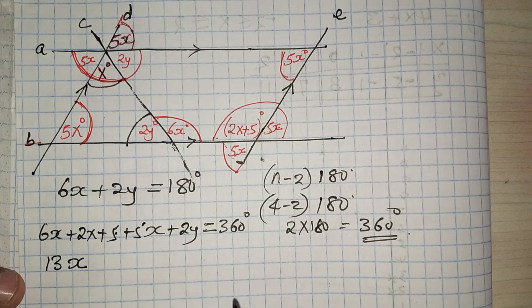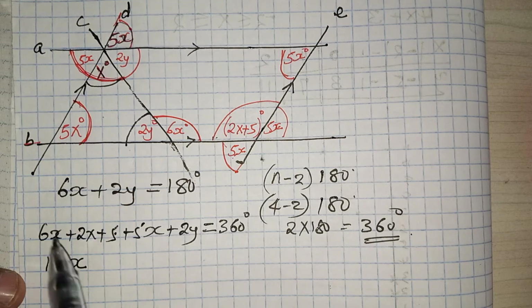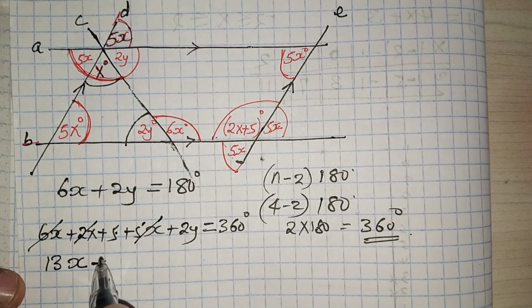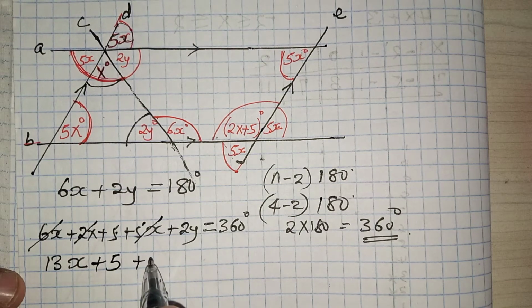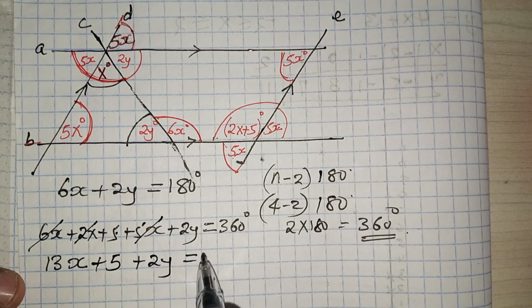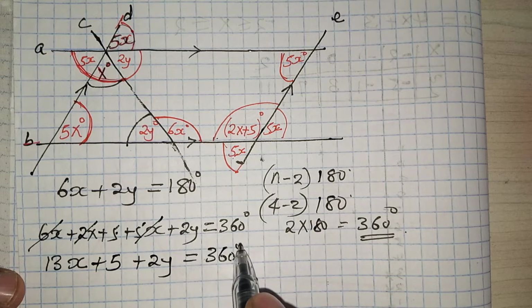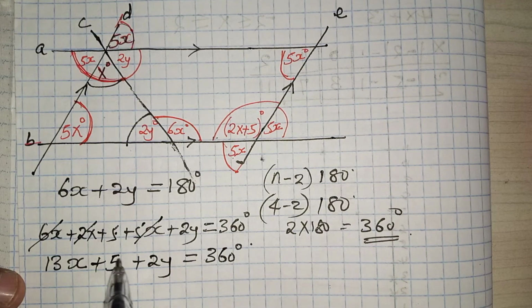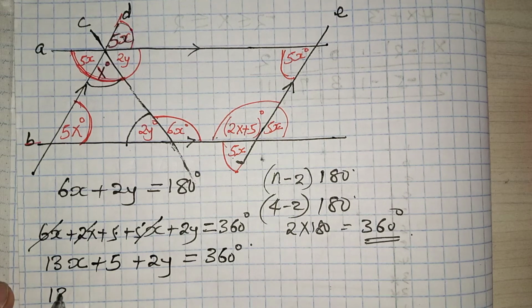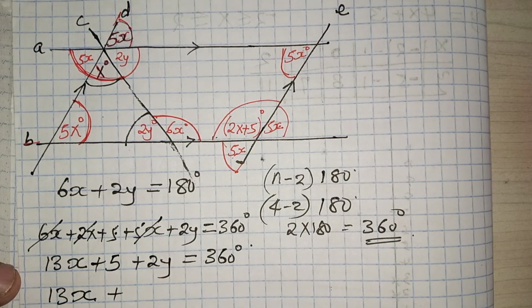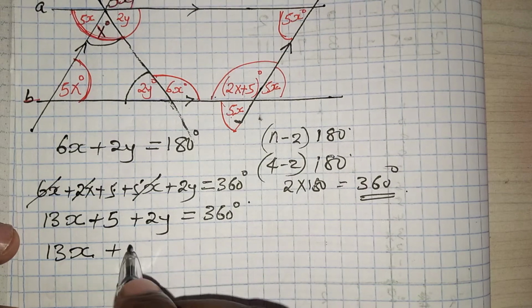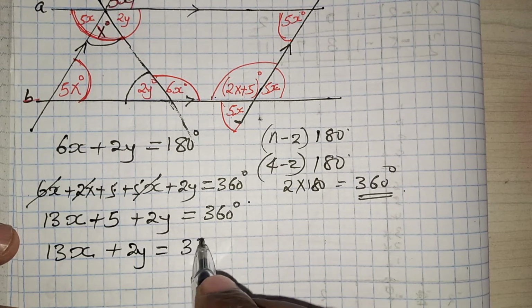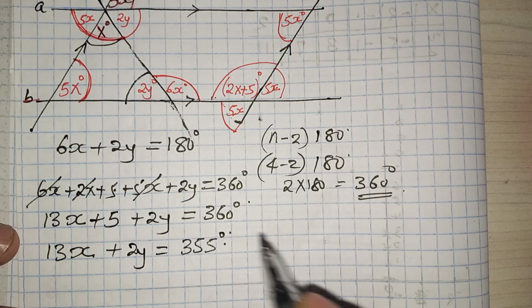Plus 5 plus 2y is equal to 360 degrees. And we can take 5 across so that we have 13x plus 2y is equal to 360 minus 5, which is 355 degrees.